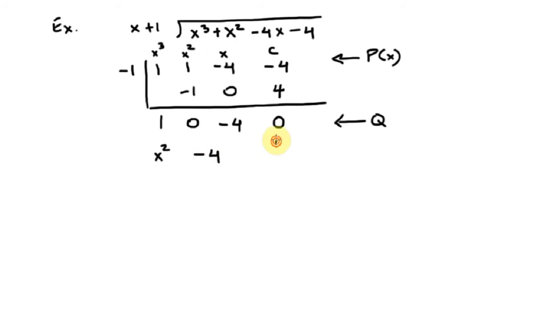And this here is our remainder. So in other words, what we've accomplished here is this: when we took x cubed plus x squared minus 4x minus 4, and we divided it by x plus 1, the quotient, or the answer, is x squared minus 4.